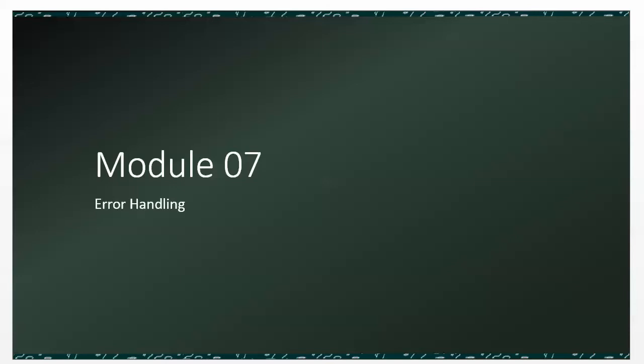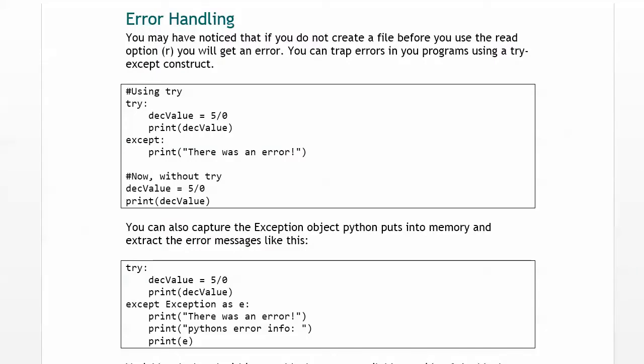In this video, we're going to look at error handling again. Now, we've talked a little bit about error handling, and the example I used was creating a try-catch block, or try-except block in Python, in which I divided by 0, which caused an error.